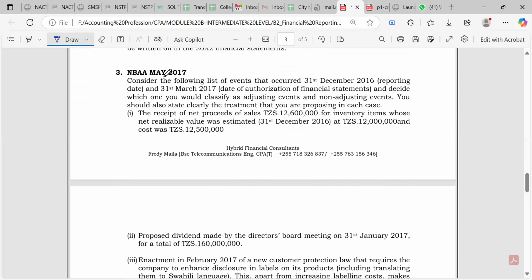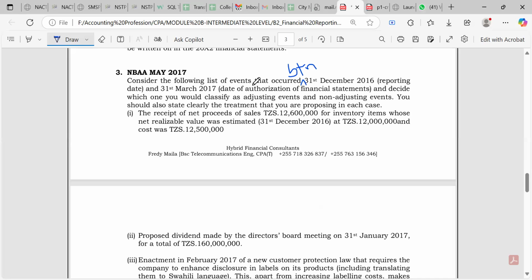So the question says, consider the following list of events that occurred between 31st December 2016, which is the reporting date, and 31st March 2017.